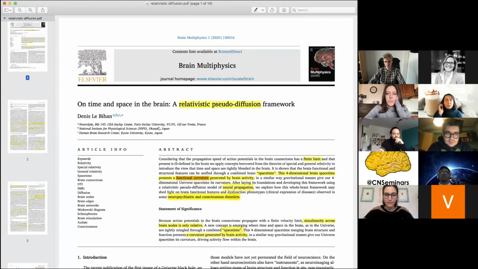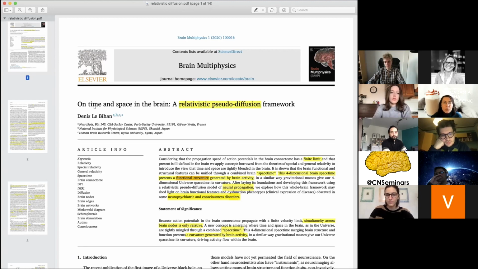So we are discussing a new concept, where we are not only looking at how brain regions are connected, but also the time relation between different events that can happen in your brain.